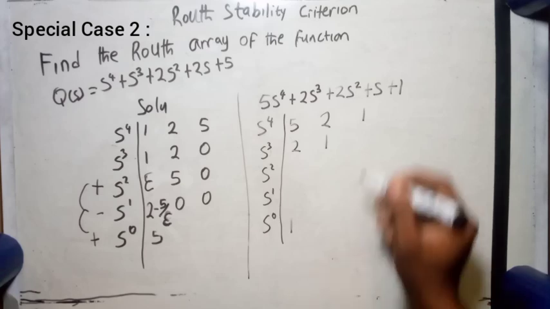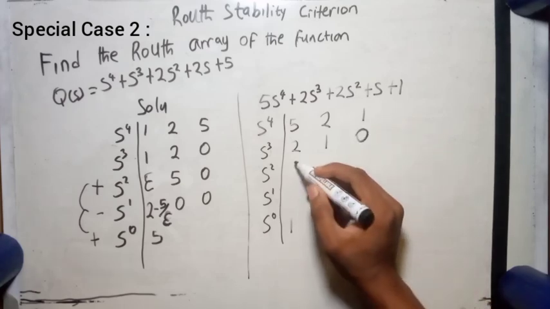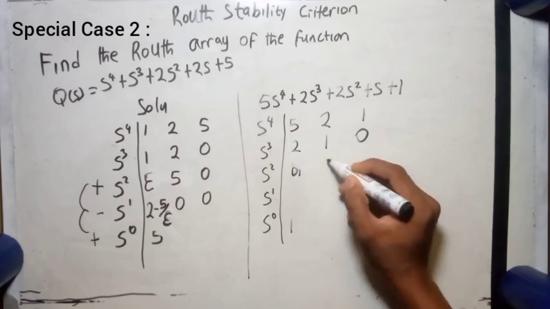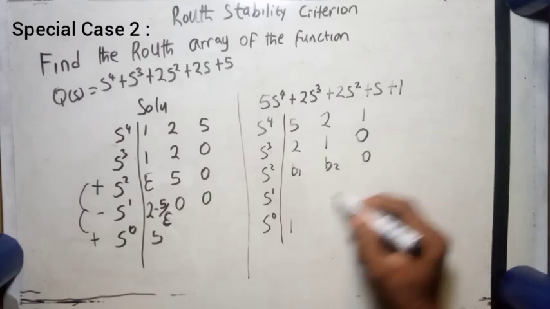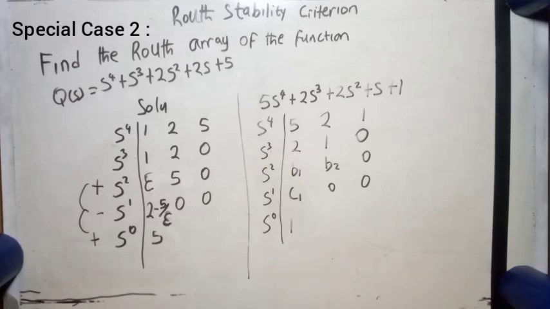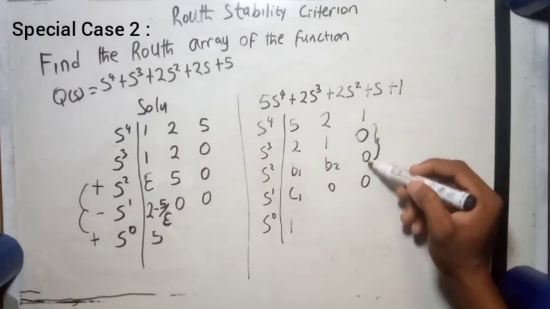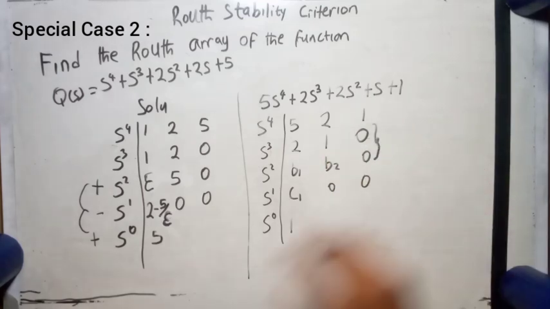Okay, now we fill up here with 0. Now we'll be having our B1, B2, and C1. I hope you know why we don't have C2. It is because the values that are diagonally above it are 0. So for that to be 0, it means our place is definitely going to be 0. You can try and solve it, you will still see it will give you that value.